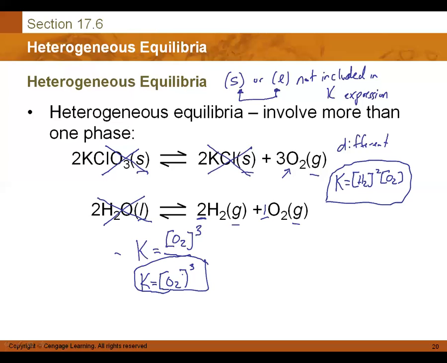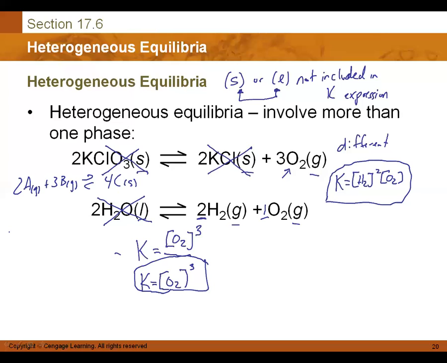Now, let's just say, for example, you had 2A plus 3B goes to 4C, that's a solid. And we wanted to write our equilibrium expression for this.